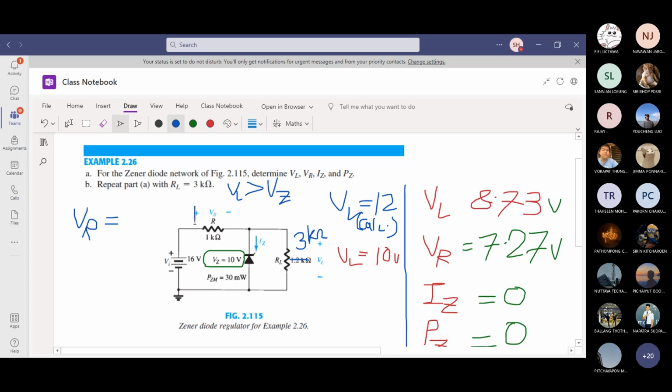Okay, the voltage across is shown here. The loop, you can take the left loop or you can even take the outer loop. So in the loop, if you apply KVL, how much do you get for VR? The Zener is right now on. So I put the Zener polarity too.